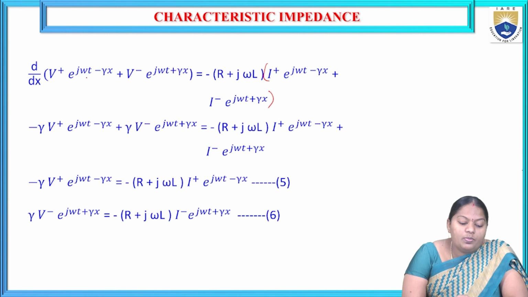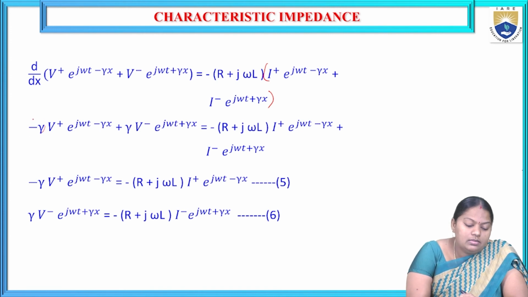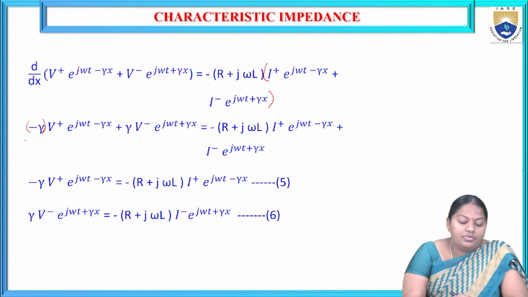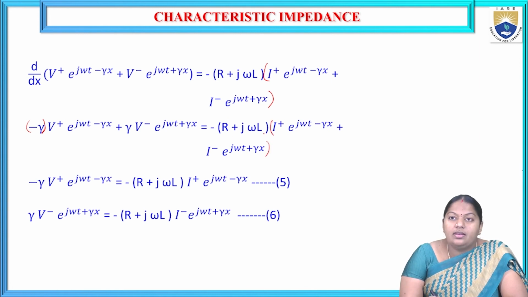The derivative of e^(−γx) with respect to x gives minus γ, and for the second term we get plus γ. So minus γ V plus e^(jωt − γx) plus γ V minus e^(jωt + γx) equals minus of (R + jωL) into [I plus e^(jωt − γx) plus I minus e^(jωt + γx)].